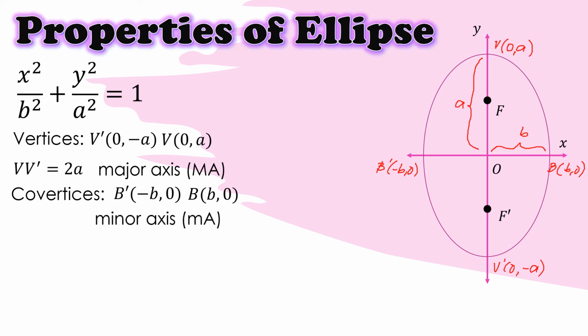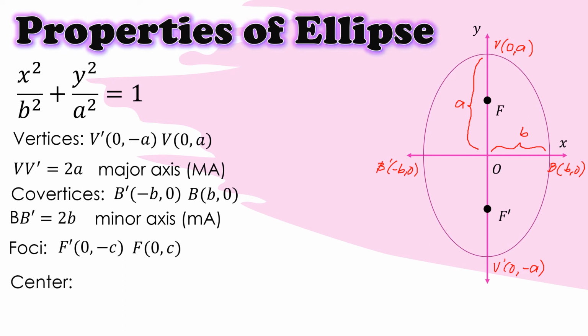The distance between the co-vertices is the minor axis, hence the minor axis is of length 2b. The foci are at 0, negative c, and 0, c. The intersection of the axis is the center at 0, 0.